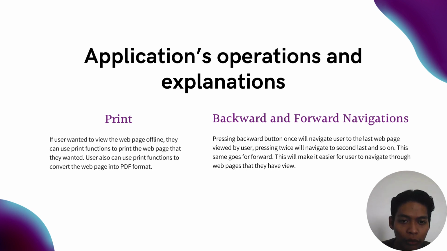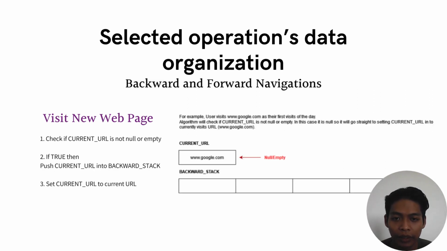Pressing it twice will navigate to the second last and so on. The same goes for the forward. This will make it easier for the user to navigate through the web pages that they have viewed in the web browser. I selected backward and forward navigation as my operation.